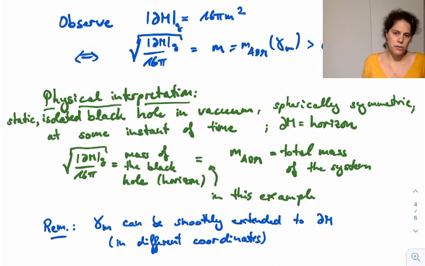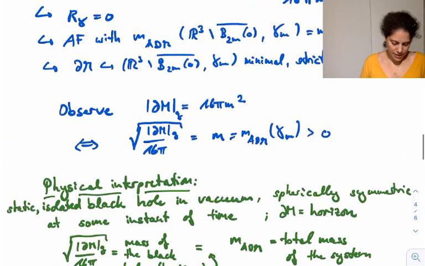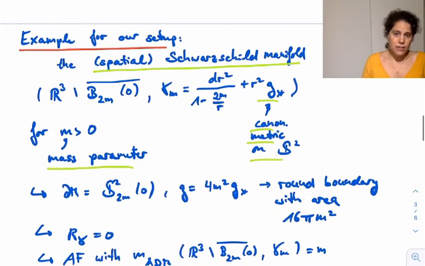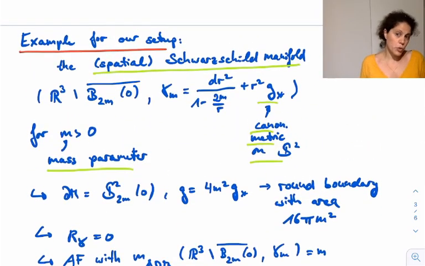Maybe the physical interpretation is not so relevant or interesting for everybody, but it's a useful guideline to understand what's coming. You may have noticed that the Schwarzschild metric degenerates at r equals 2m. In the statement of the setup I'm working with, I said that the boundary should always be a subset of the manifold, so we have a problem here.